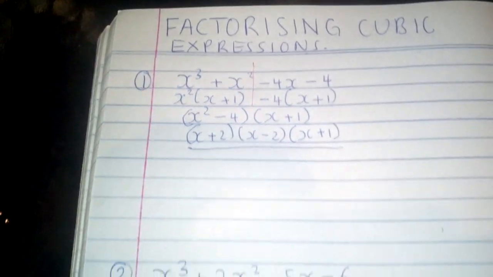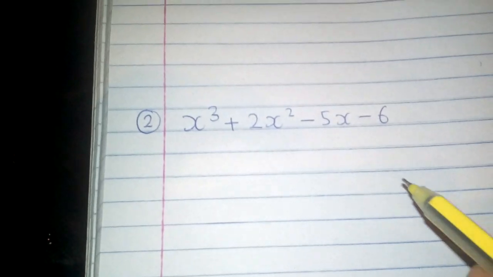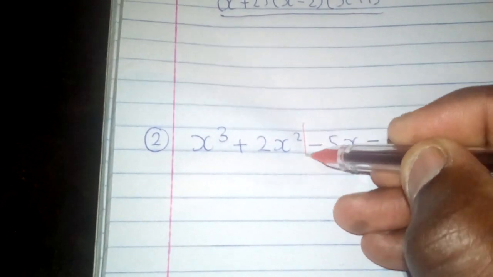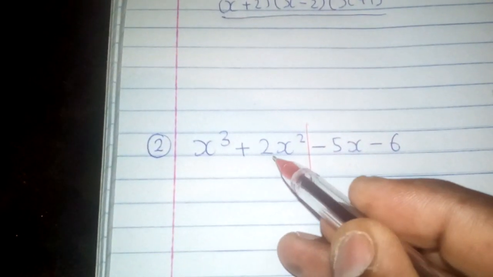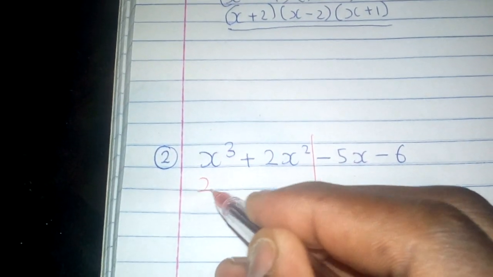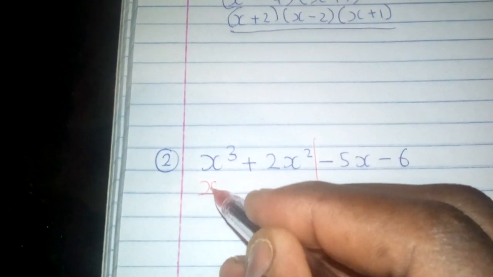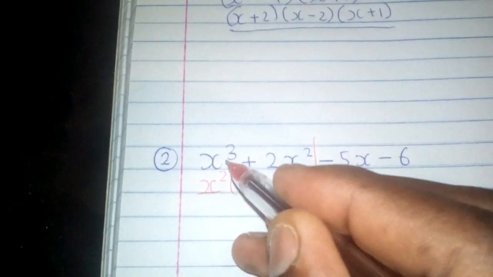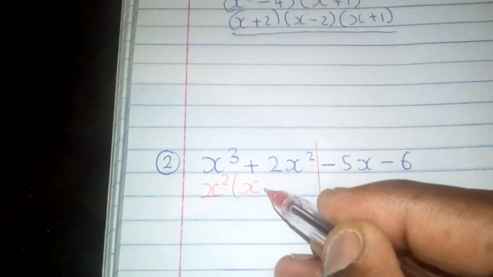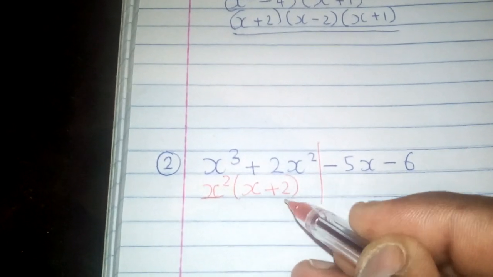Let's look at the second example. Here we can start again by grouping. If you look at both parts here, we shall realize x squared is common here, and we remain with x. In this part we remain with 2.